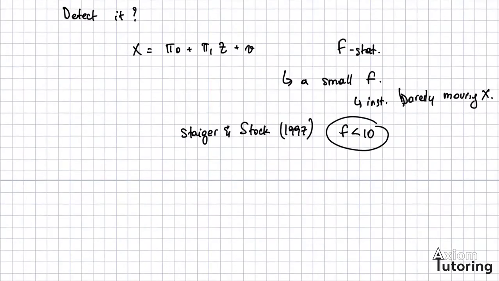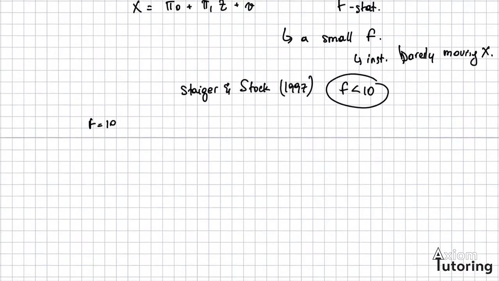The F being exactly 10 corresponds to a maximum IV bias of roughly 10% of the OLS bias, which is considered an acceptable threshold in most applied work. But below F of 10, the bias can be a lot larger.